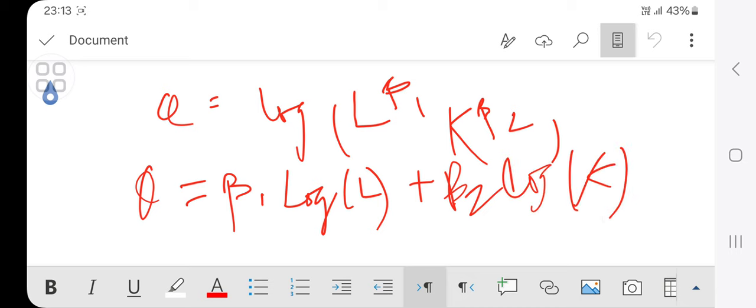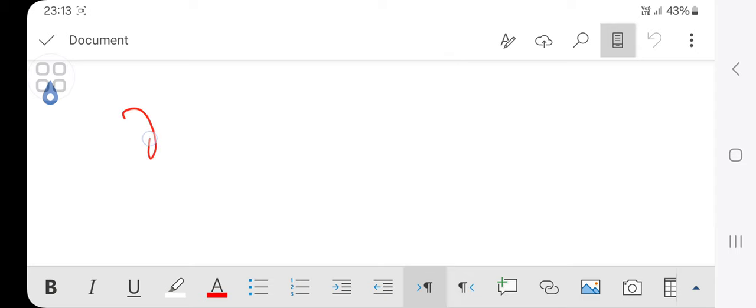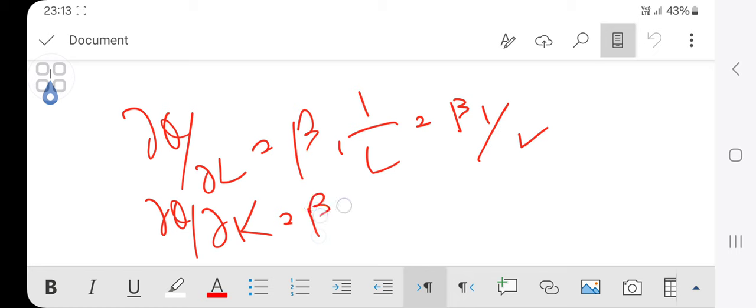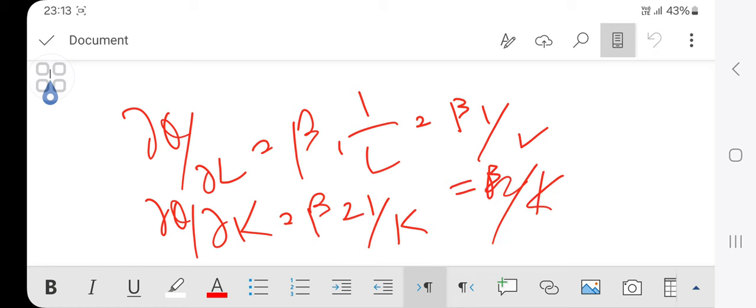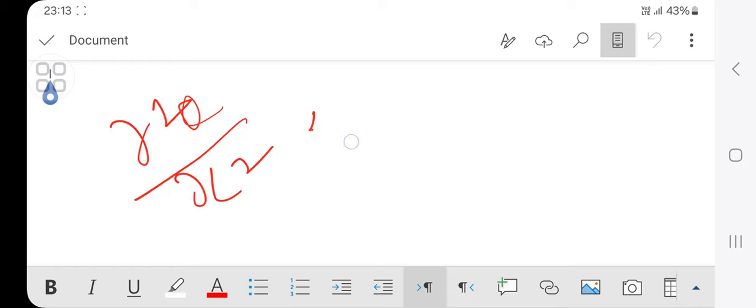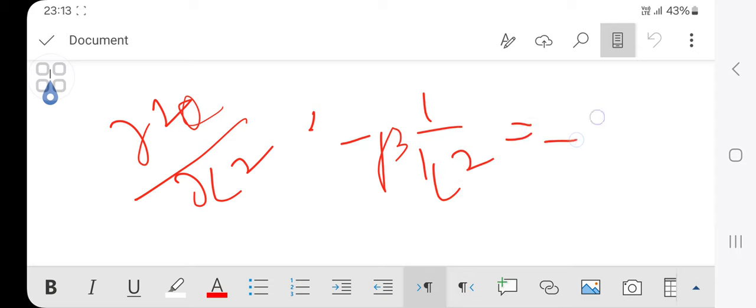Now the first order derivative, how will we get it? Del Q by del L is β1 by L, and del Q by del K is β2 by K. Now the second order derivative, how will we get that? Del square Q by del L square is minus β1 by L square.